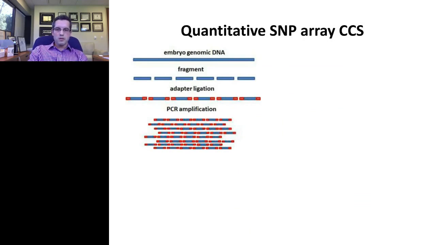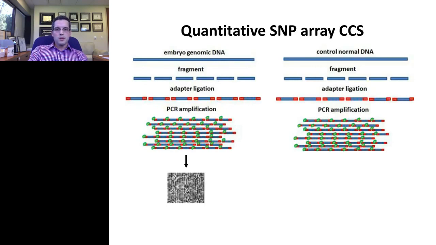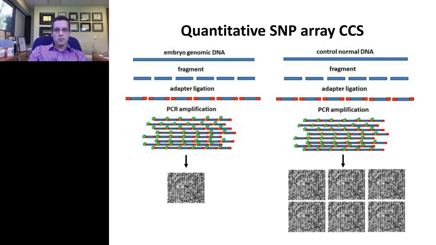With one particular type of SNP array, what you have is your embryonic DNA, whole genome amplified, and then labeled. It's hybridized to the array. You then obtain DNA from known normal samples and process those independently. And so those normal samples are also labeled the same way, but hybridized to different arrays.